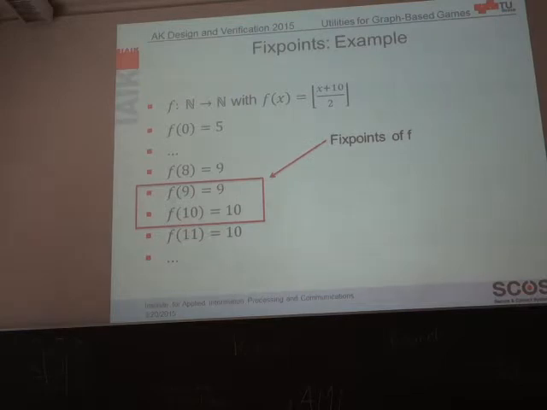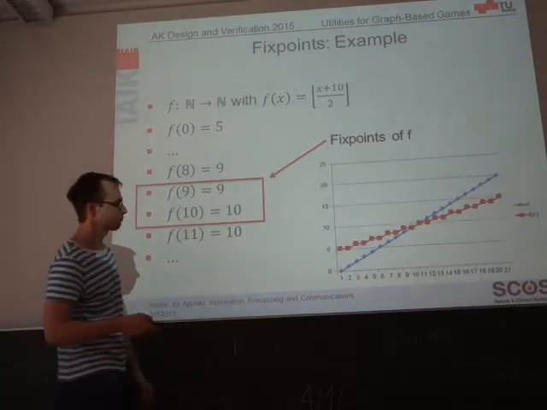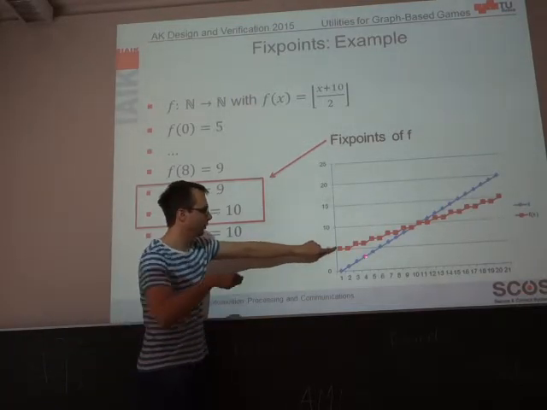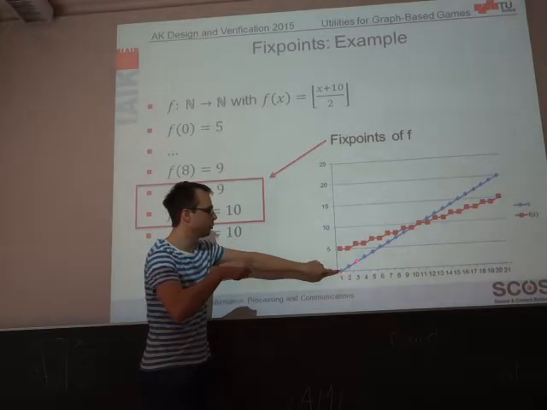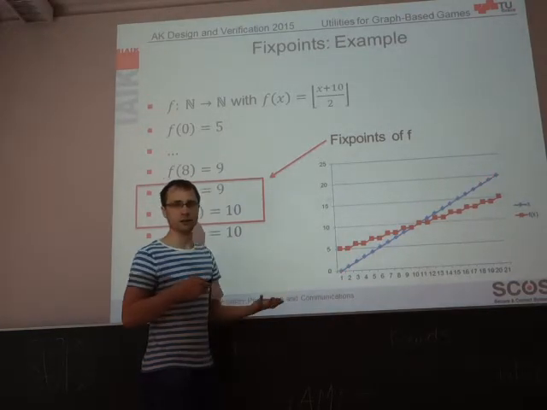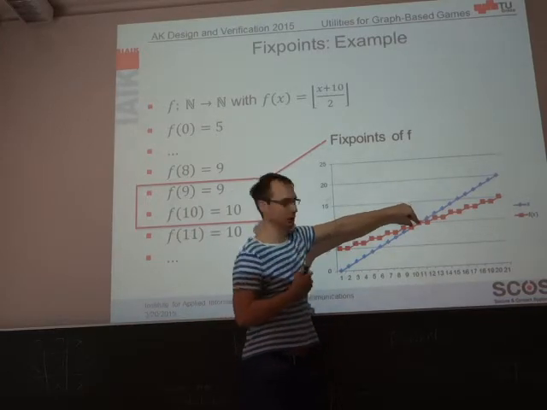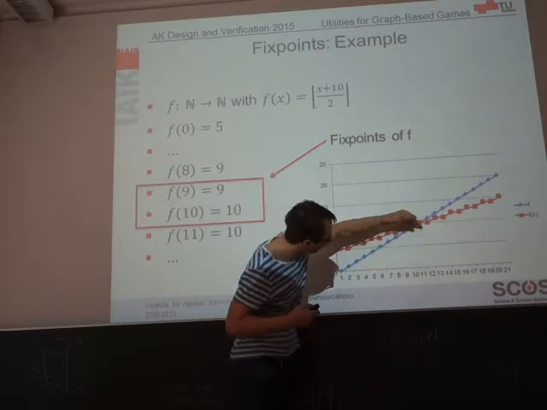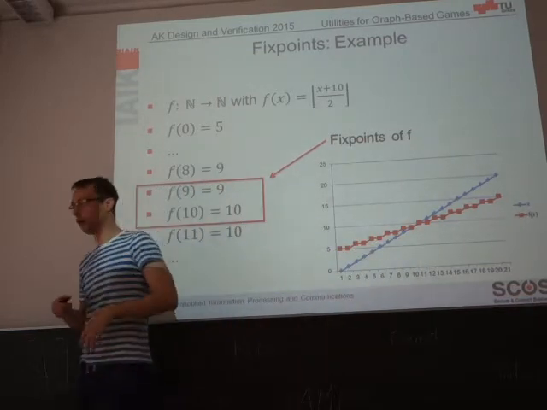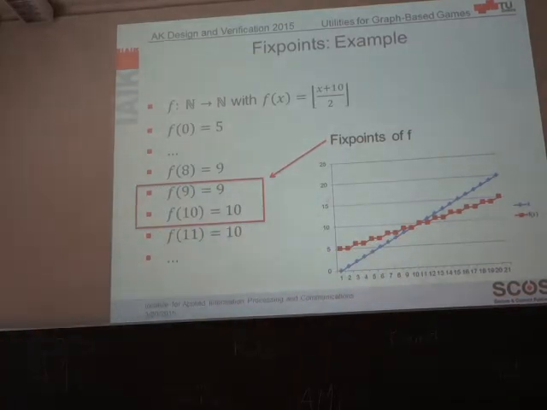Here is also a graphical illustration. The red line represents f of x and the blue line represents x, and the fixed points are exactly these points where f of x is equal to x. I think there is an off by 1 on the scale, but you get the idea. So this is what fixed points are.